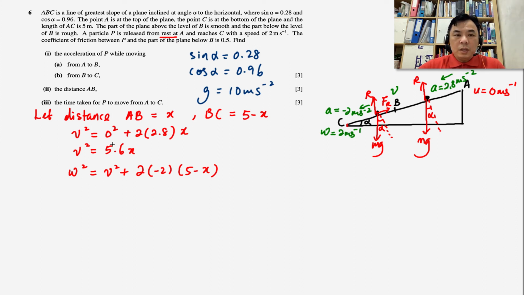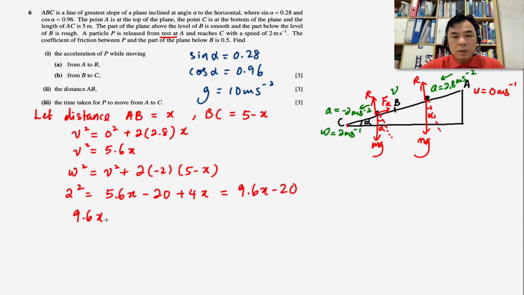The V is given here, so we're going to substitute everything inside. 5.6x, because V squared is 5.6x. Here, if you expand that, you will get negative 20 here, and then plus 4x. And then eventually we get 9.6x minus 20, and therefore 9.6x equal to 24.